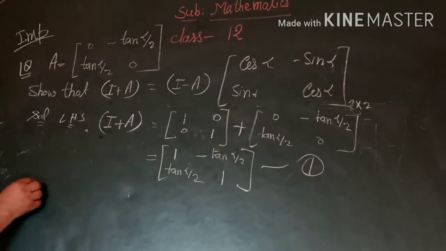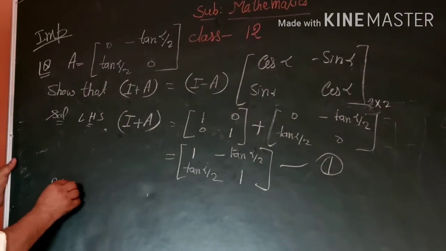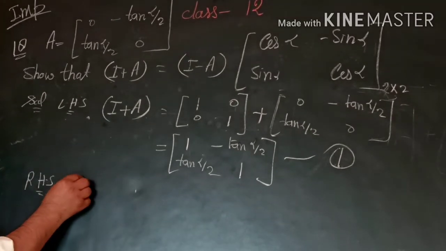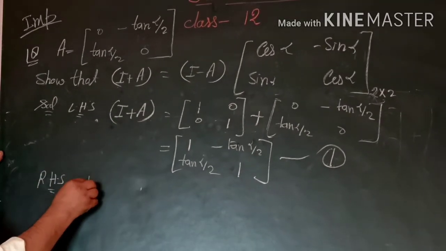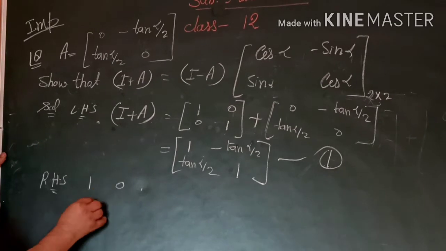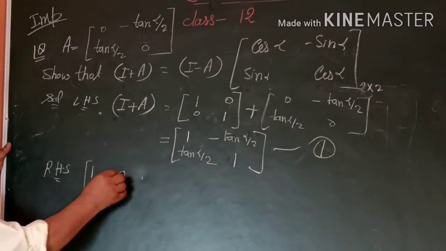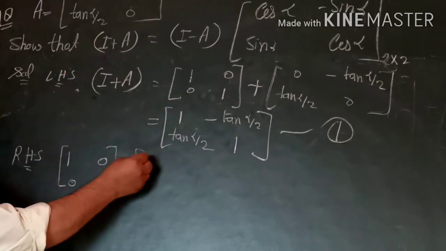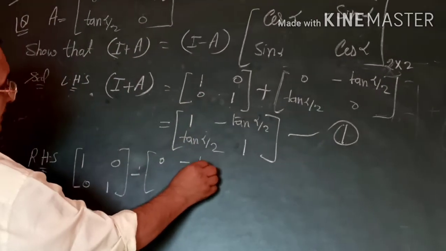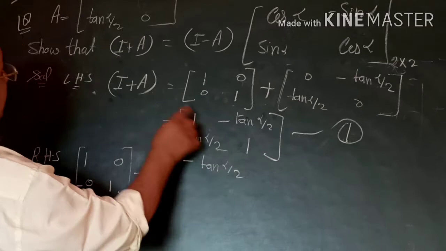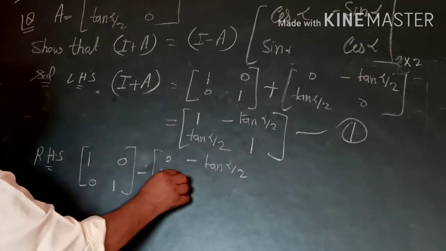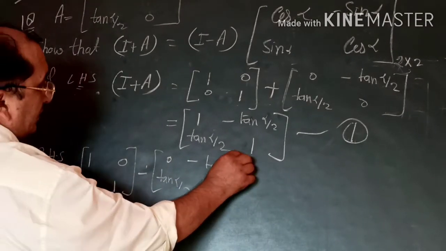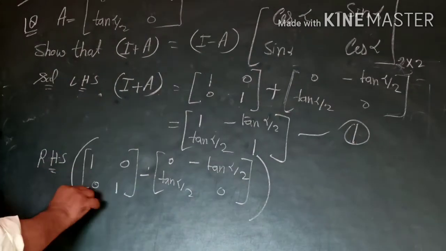And from the right hand side, I minus A, I means [1 0; 0 1], minus A, which is [0, minus tan(alpha/2); tan(alpha/2), 0].